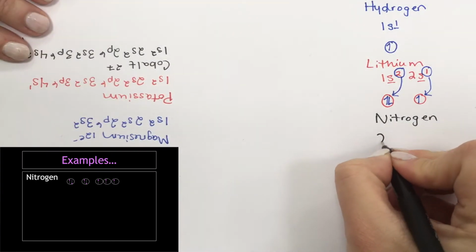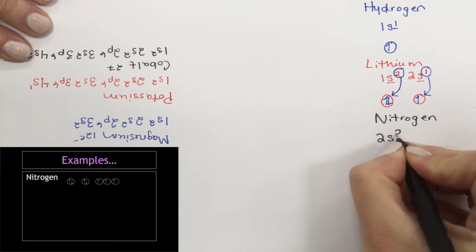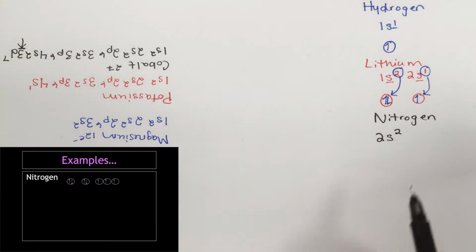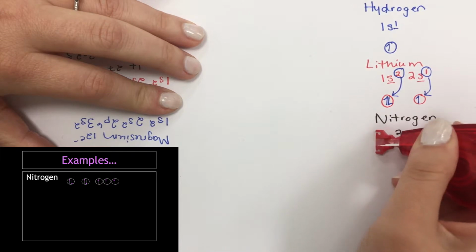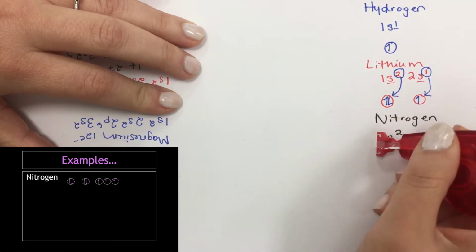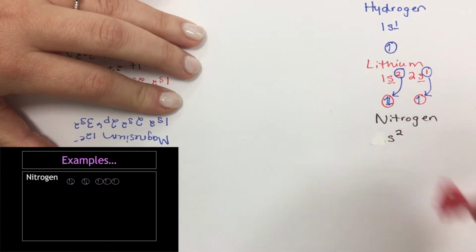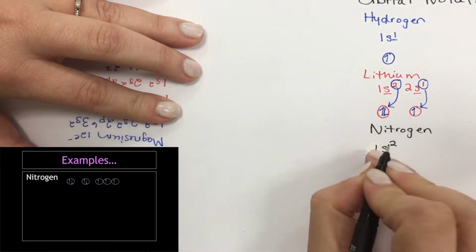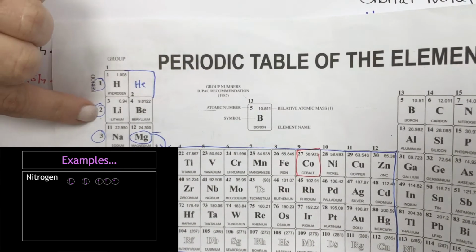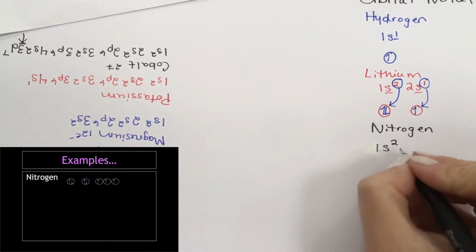This should be getting repetitious to you. I am so sorry, I screwed that up. Okay, 1s2, that's the first energy level, and then we go to 2s2.